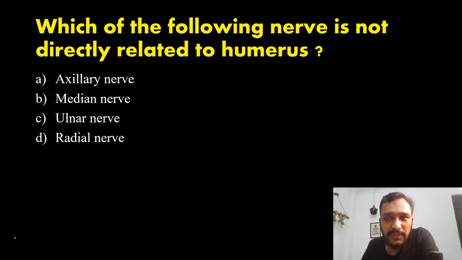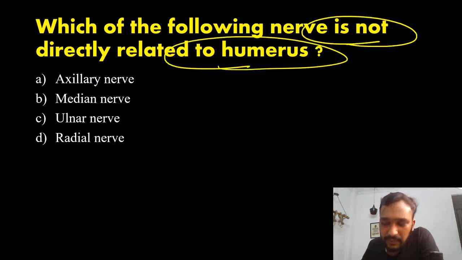Now, guys, moving on to a very simple question: which of the following nerves is not directly related to the humerus? Anyone? Axillary nerve, median nerve, ulnar nerve, radial nerve.